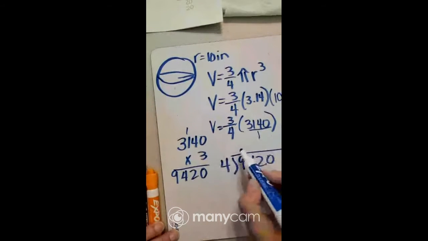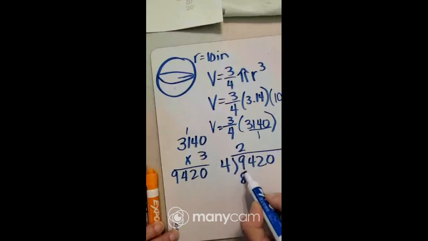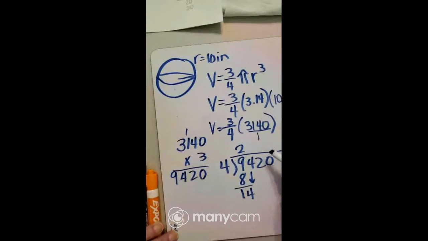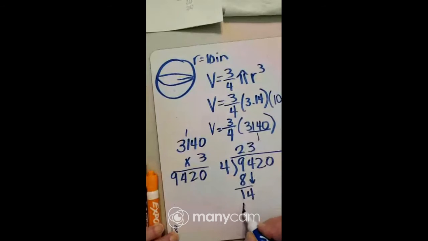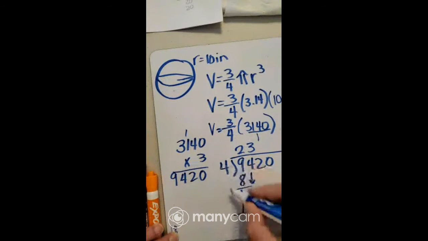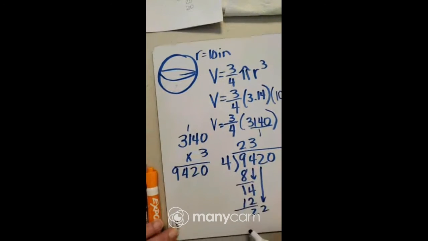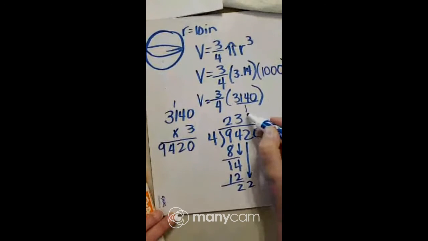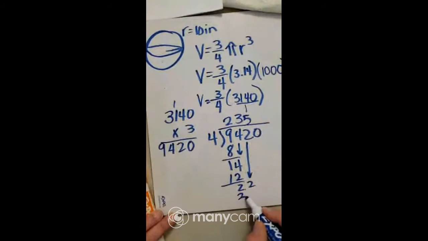4 goes into 9 2 times, and we bring down the 4. 4 goes into 14 3 times. We get 12. 2 left over. We check, make sure that it's smaller than a 4. Bring down the next 2. 4 goes into 22 5 times.